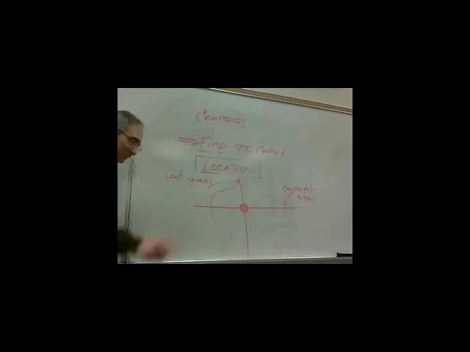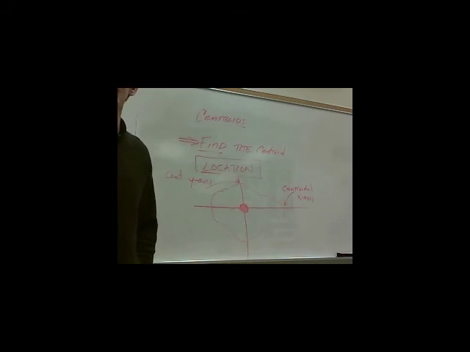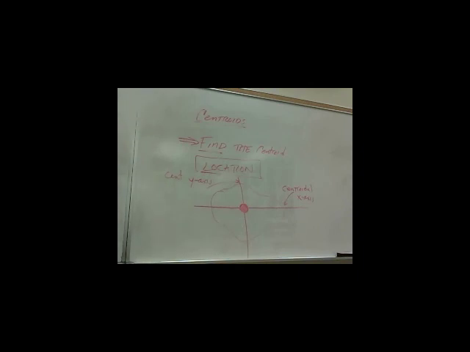So if somebody asks you, how do I get to 5th Street, what would be the first question you'd ask them if they didn't tell you this in their problem statement? What street are you on? So you need to know where your starting location is. To give somebody directions, you need to give somebody a starting point.